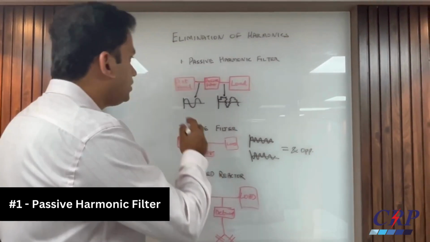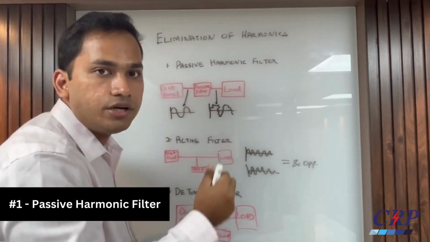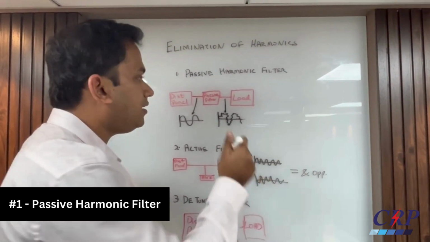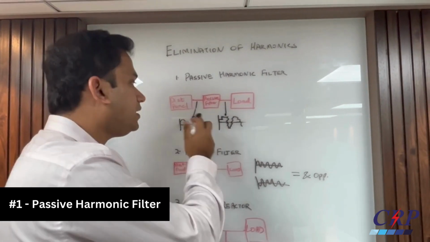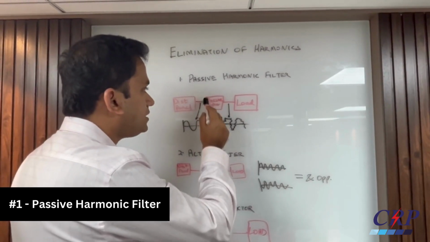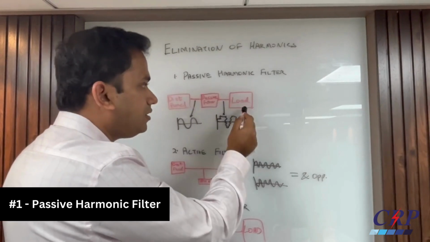How it works is, if you identify that one particular load is generating a lot of harmonics and you don't want those harmonics to enter your main electrical distribution and affect the other loads as well, you can install a passive filter in between the distribution panel and the load.